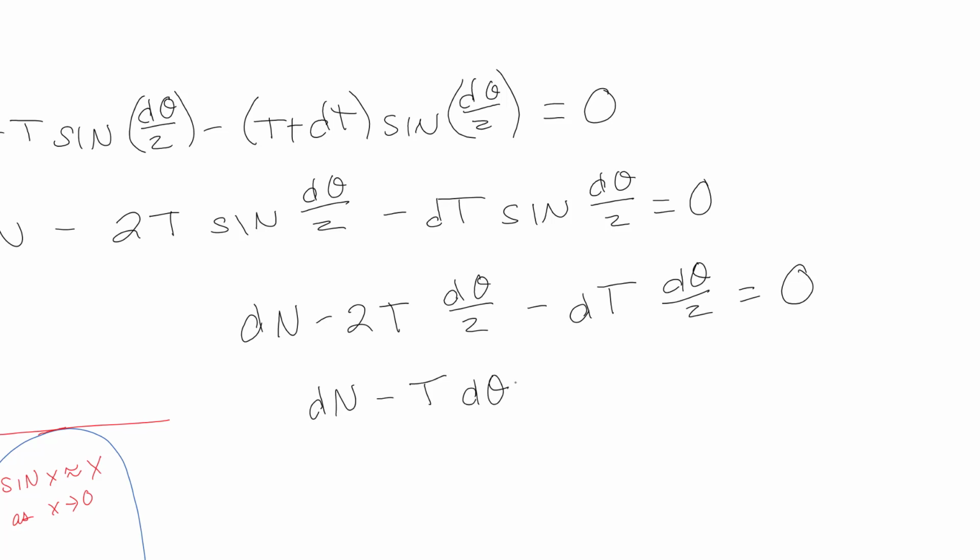But basically what we have here is 1/2 of dt times d theta equals 0. Because we're engineers, we say whatever, it's close enough. You can basically say itty bitty thing times itty bitty thing is a thing so small I don't care about it anymore.